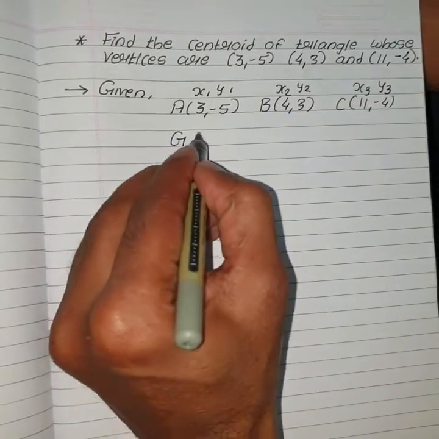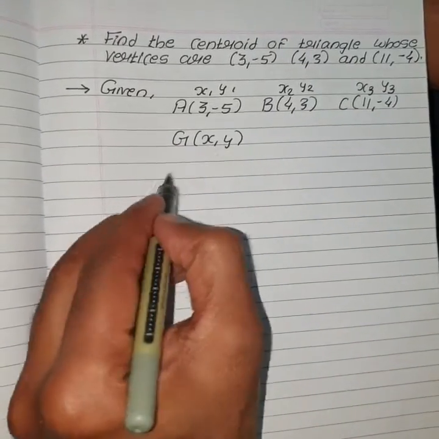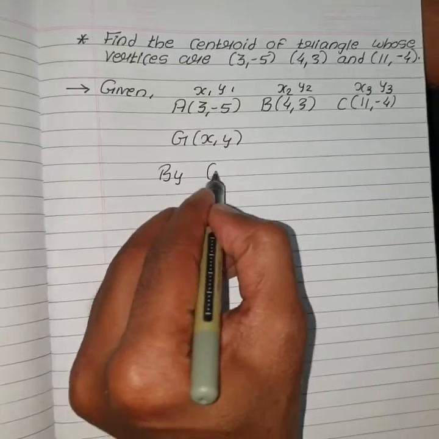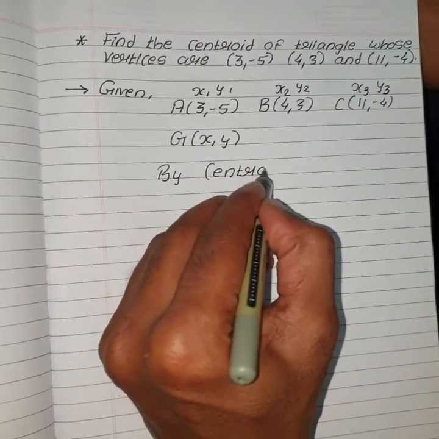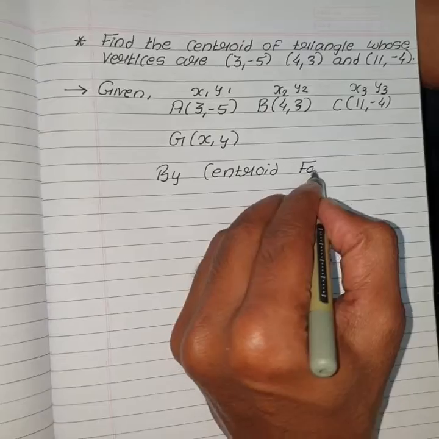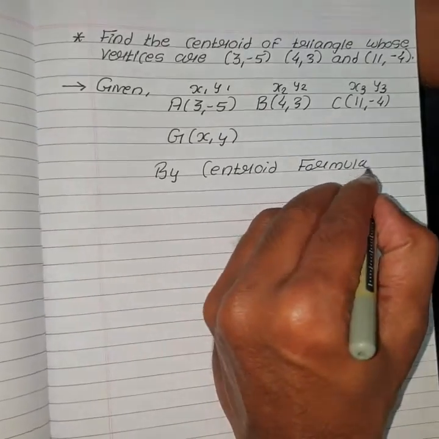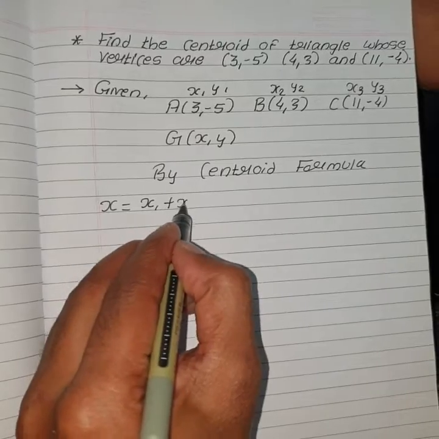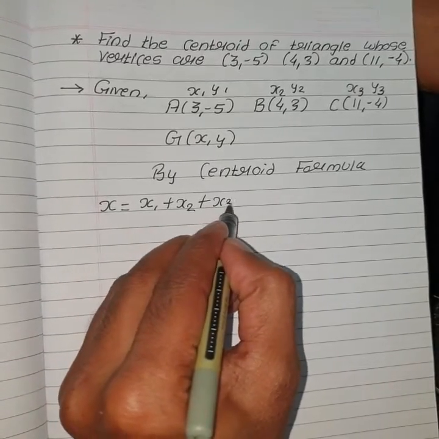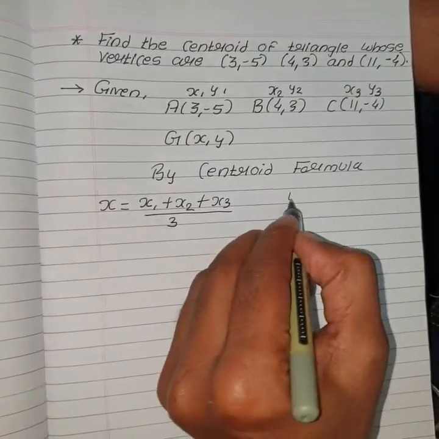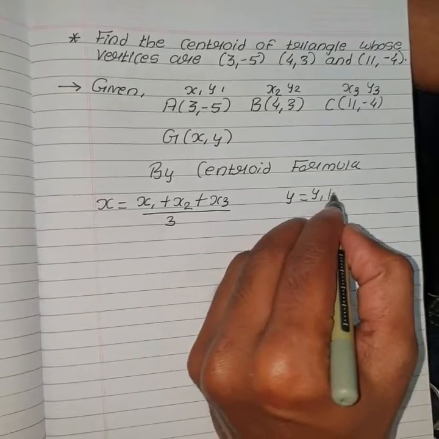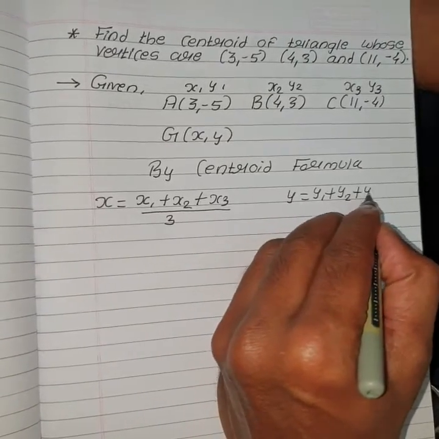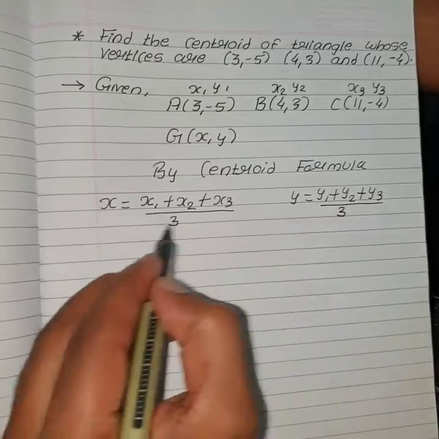We have to find out the centroid, that is G(x, y). Now let's see the centroid formula. Very easy. By centroid formula, what is the formula? x is equal to x1 plus x2 plus x3 upon 3. y is equal to y1 plus y2 plus y3 upon 3.